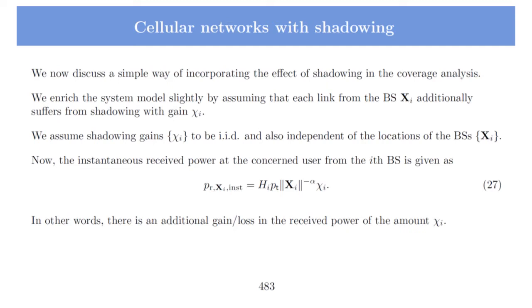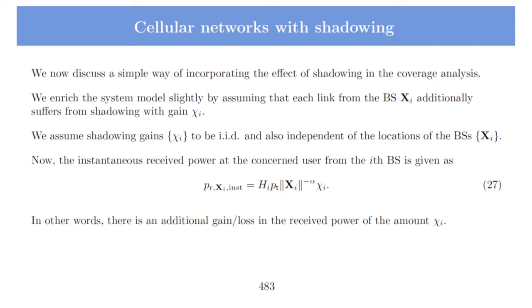Shadowing also is a random variable and it can be modeled using some distribution. Let's assume that psi_i denotes the shadowing for a base station at x_i. We assume that each base station sees independent and identically distributed shadowing.